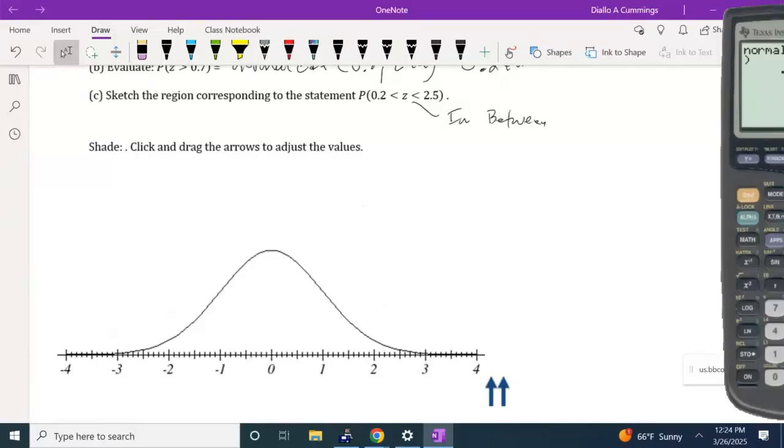So 0.2 is about right here, 2.5 is right here, and we want the area between the two.